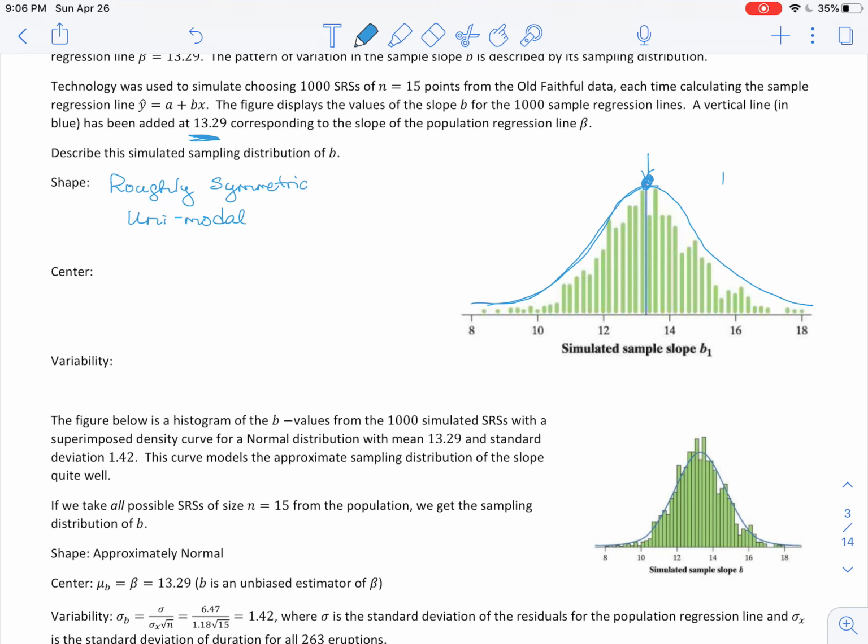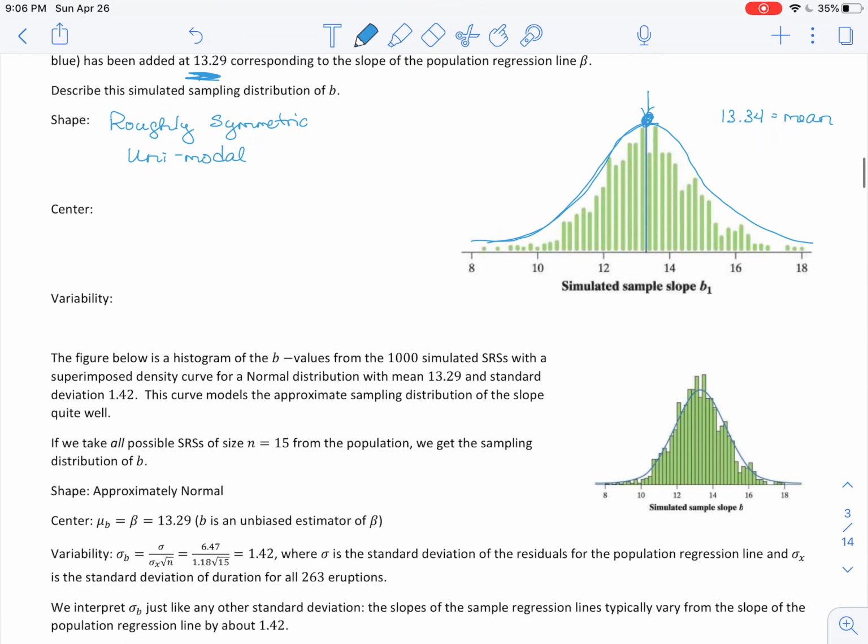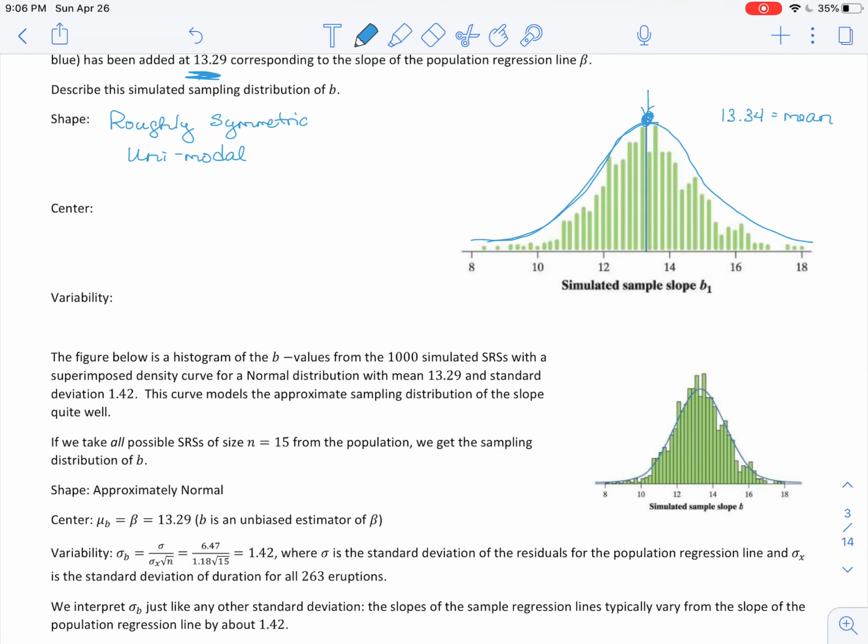When these 1,000 SRSs were calculated, the average of those b's that were put in here actually has a mean of 13.34. That's the mean of these sample b's. The true value is 13.29. They are really close.